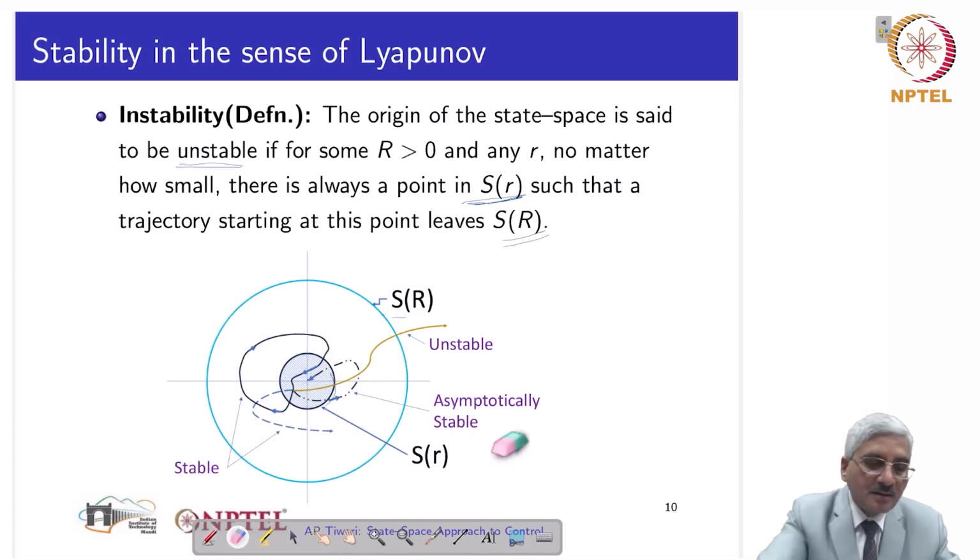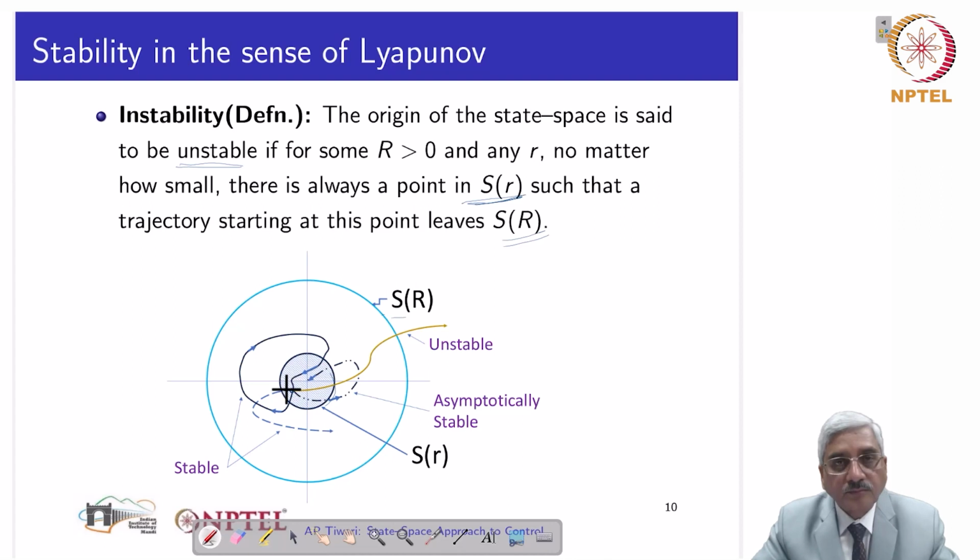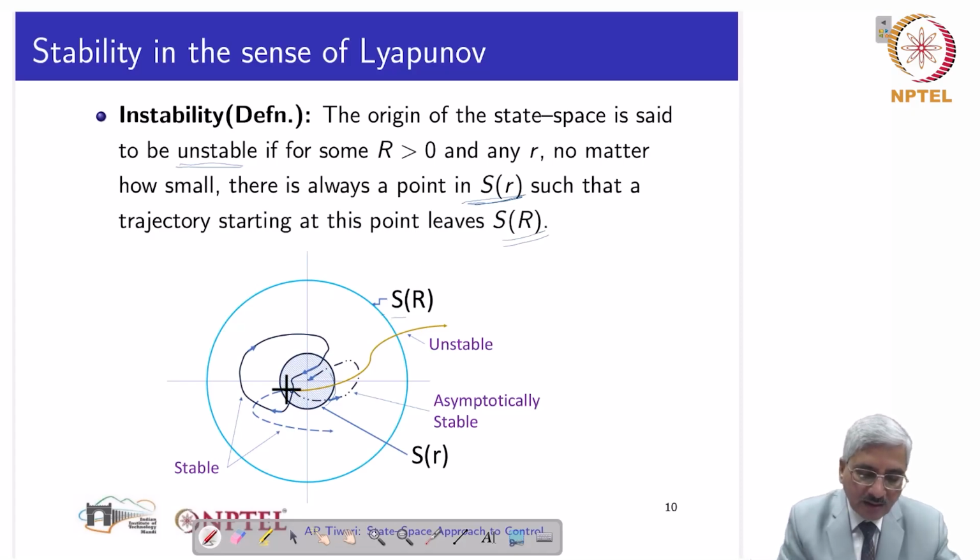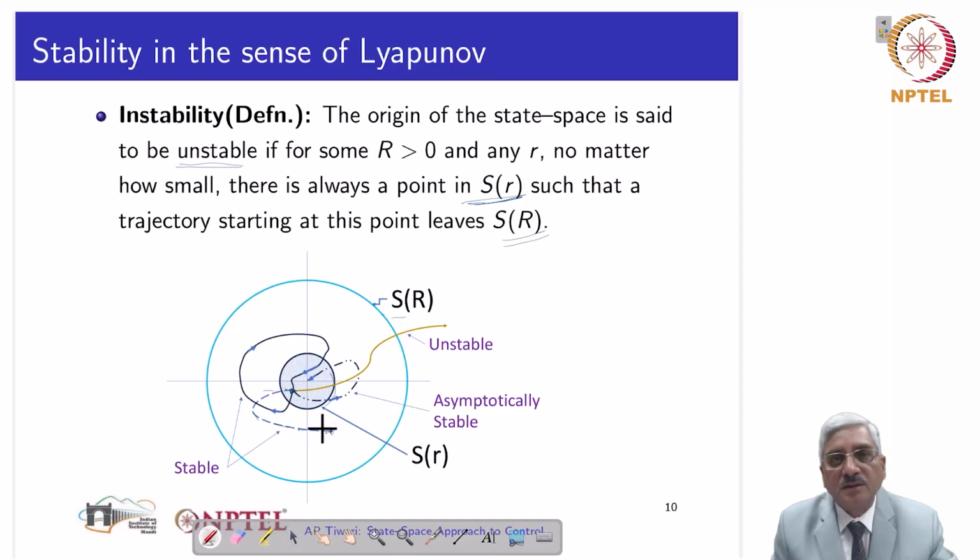And in that region we are considering a point here, let us say, where the solutions we assume to start. So we see there are four trajectories. One trajectory is this dashed one. It starts here and it comes here at t tending to infinity.